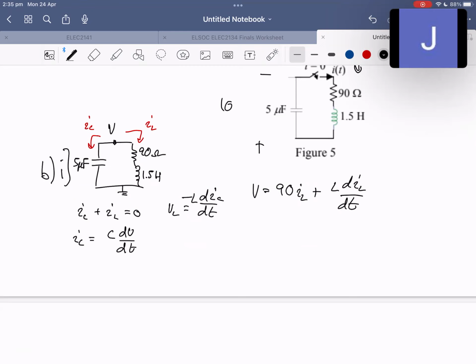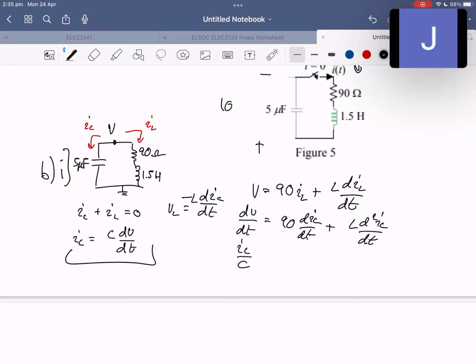And then I think what I can do is differentiate it. So dV on dt equals 90 dIL on dt plus L d squared IL on dt squared. I can differentiate both sides, that's a legal operation. On the left-hand side, since I have dV on dt, where V is the voltage across the capacitor, that is IC over C from this equation.